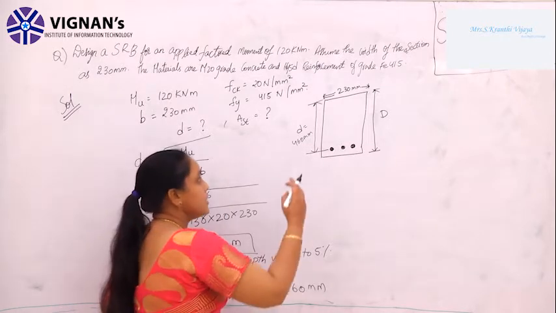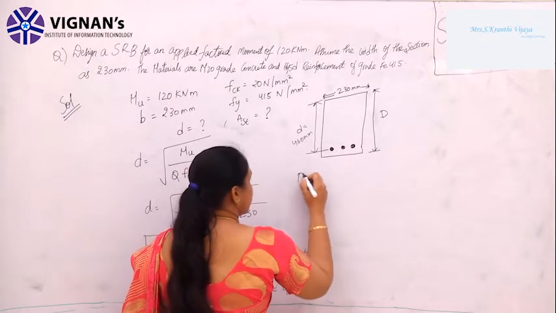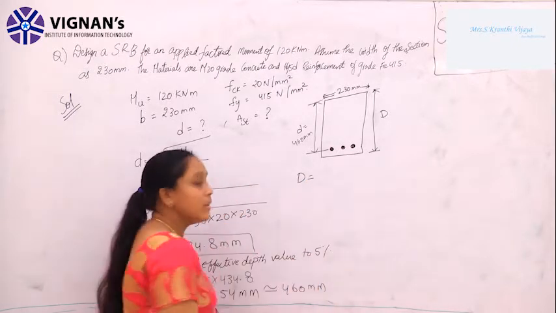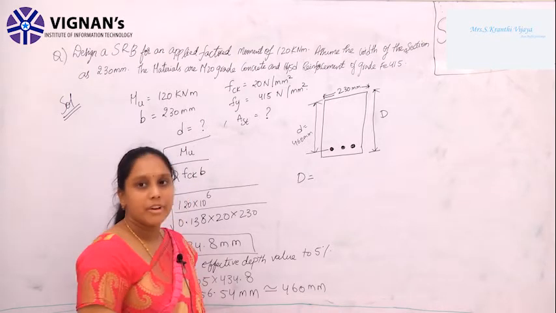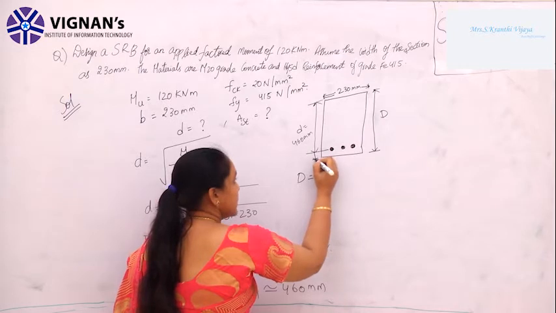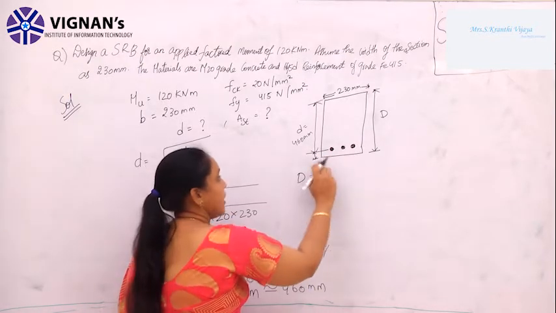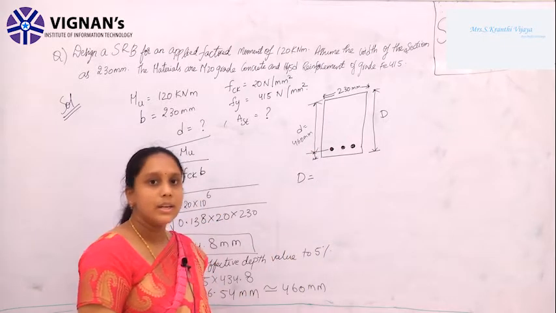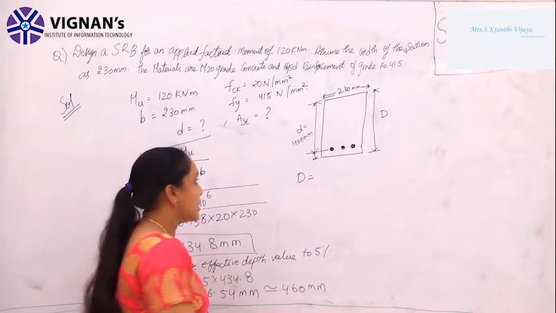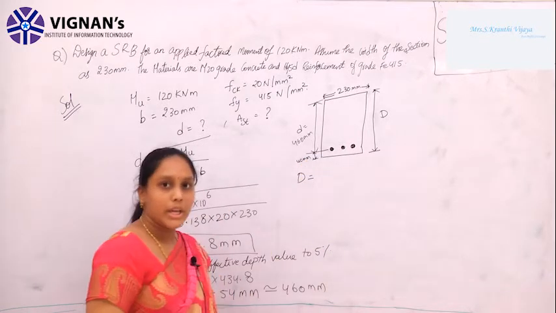To find out the overall depth, I am assuming an effective cover of 40 mm. That is the distance from the center of the reinforcement to the bottommost fiber. This part is called the effective cover, which I am assuming as 40 mm.